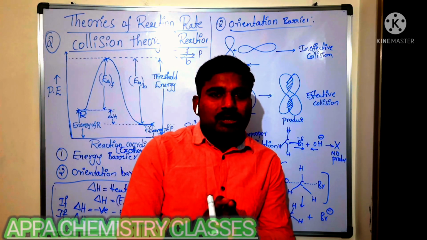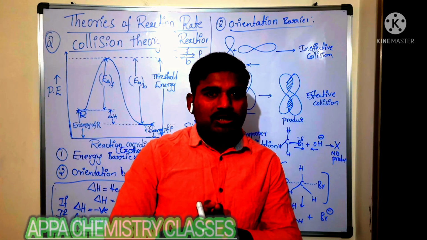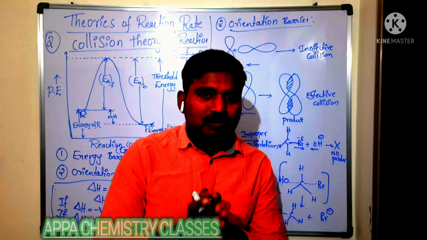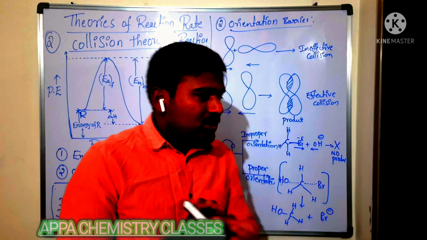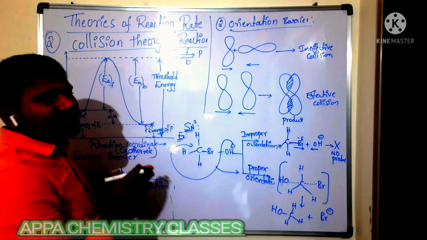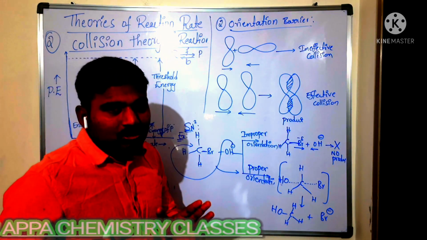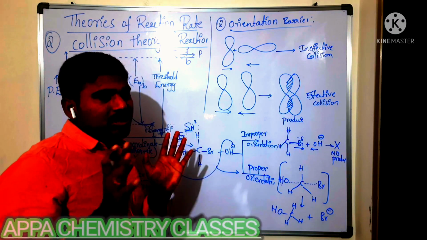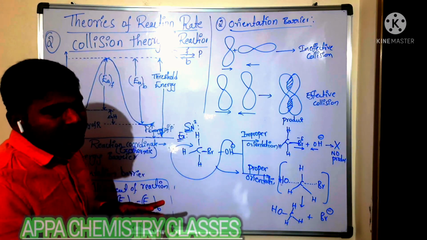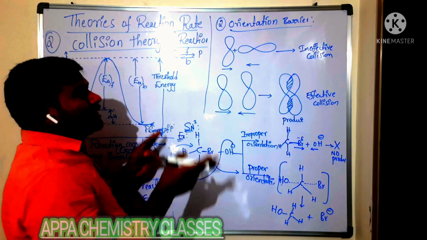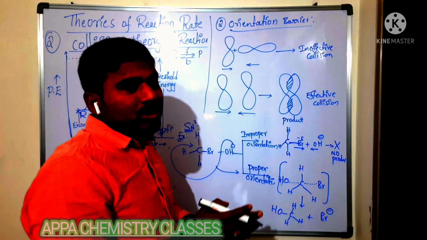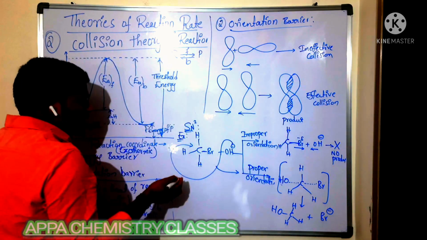So the rate mainly depends on the collision frequency, the number of collisions made in one second per unit volume, and it also depends on the energy barrier. The reacting molecule must possess sufficient energy to convert into products, and it should also possess the proper orientation.